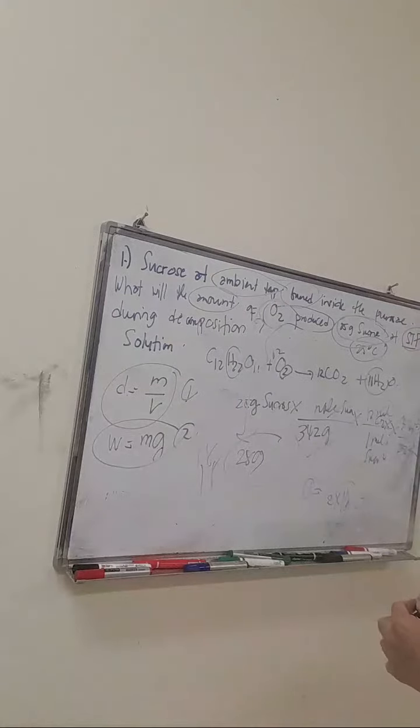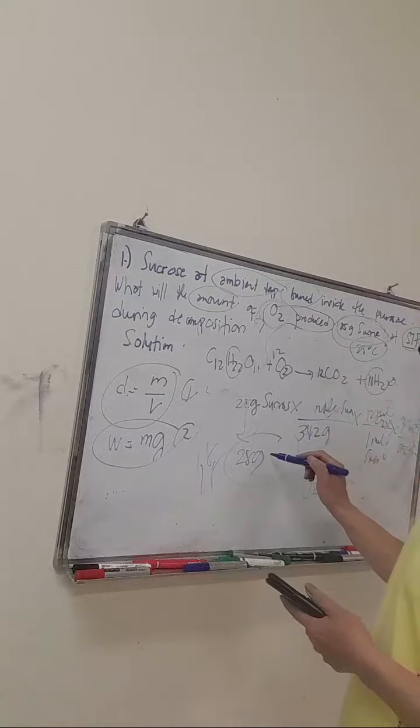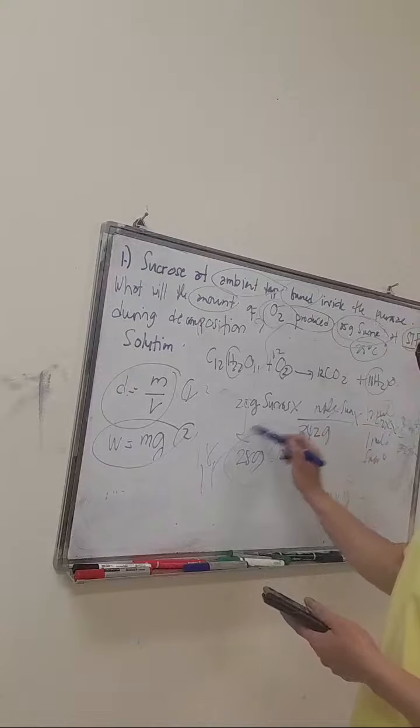Oxygen gas. 28 grams is your sucrose, so 25 grams. The oxygen gas that will be produced is the first answer, 25 grams of oxygen gas. Isn't it easy?